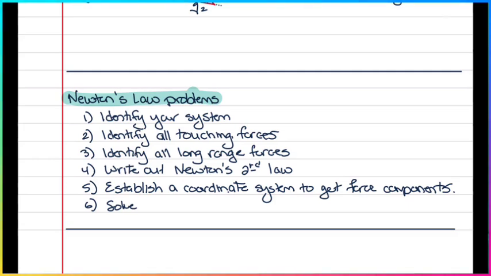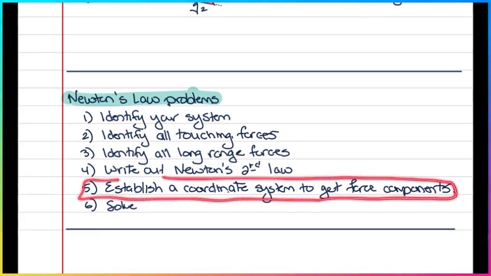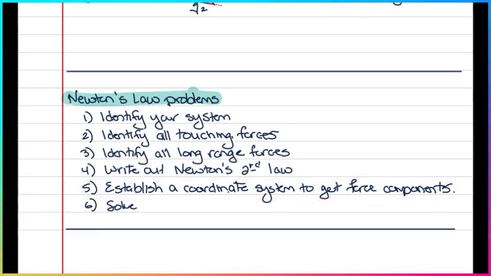If I want to write the force of gravity as mg, or maybe it's negative mg, well, that depends on my coordinate system. That depends on what I define as up and down, and which direction I define to be the positive direction. There's no reason why I can't make the negative direction be up. You're free to always establish a coordinate system to be whatever you want. And only then can you write down forces in terms of their components. And then you solve.